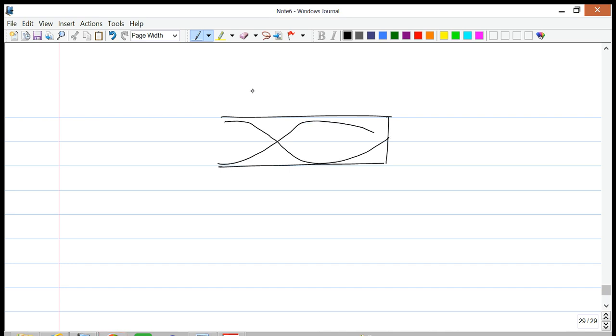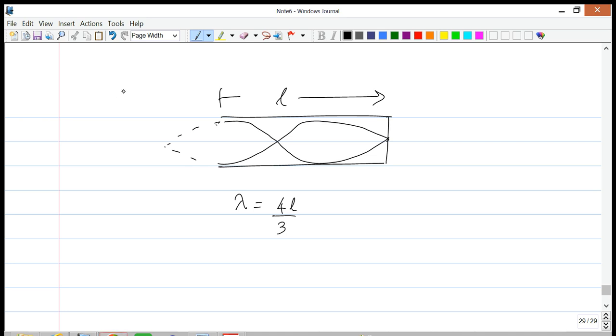If this length is L, then if I were to complete this picture, I would end up getting a full wavelength. So this L is 3/4 of a wavelength. Make sure you understand this.